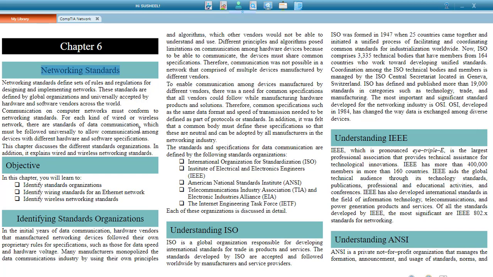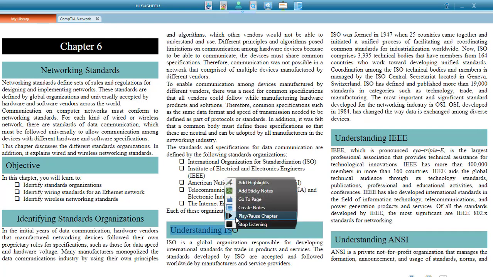Different principles and algorithms posed limitations on communication among hardware devices because to be able to communicate, the devices must share common specifications. Therefore, communication was not possible in a network that comprised multiple devices manufactured by different vendors.